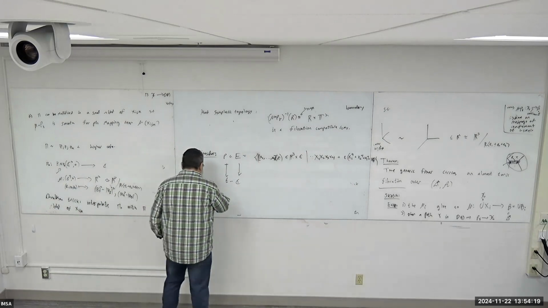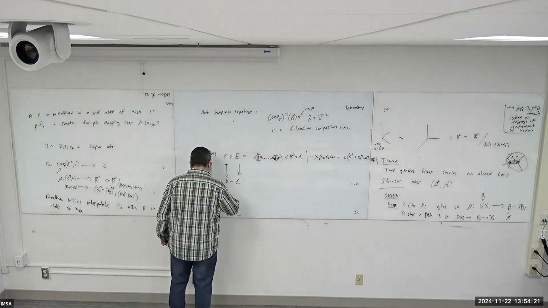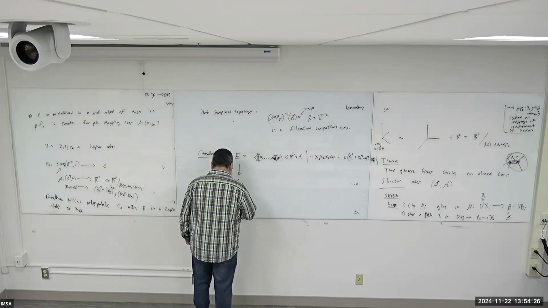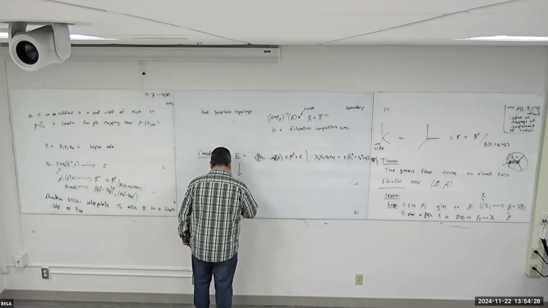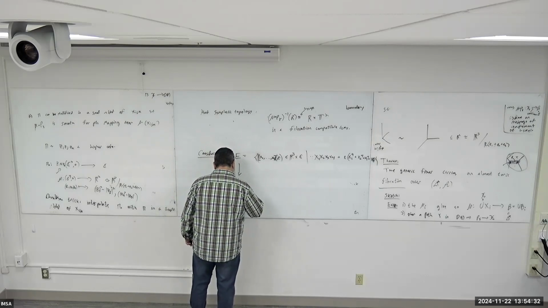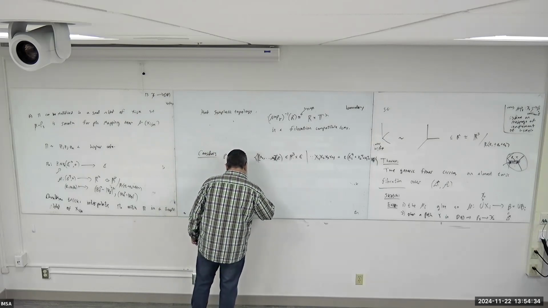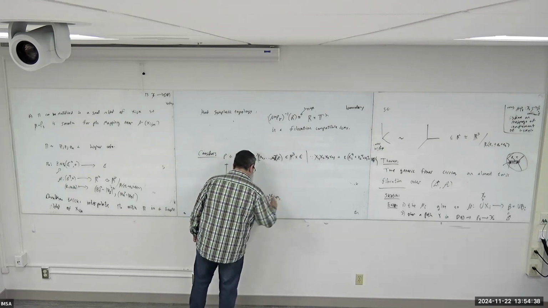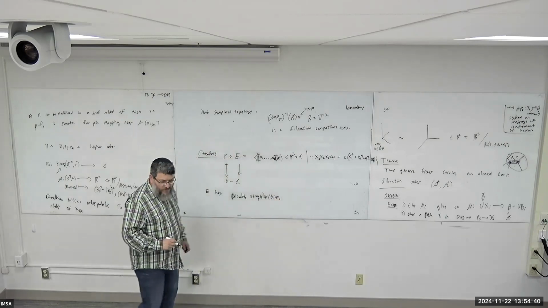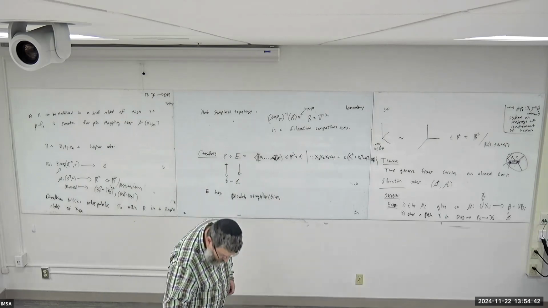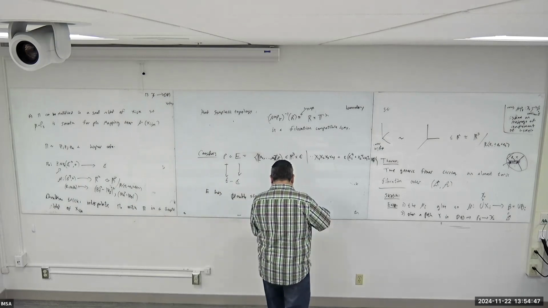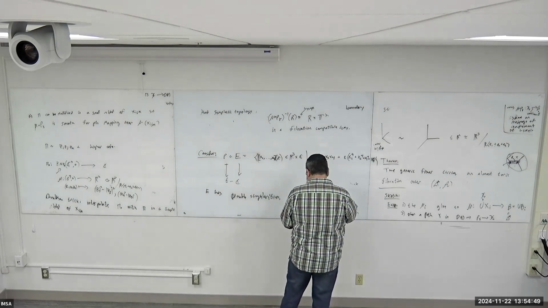So the total space of E has double point singularities. Now these double point singularities, let's draw a picture.